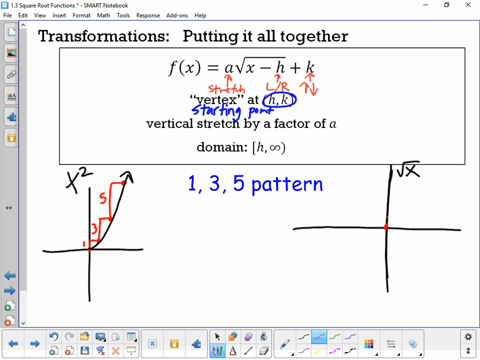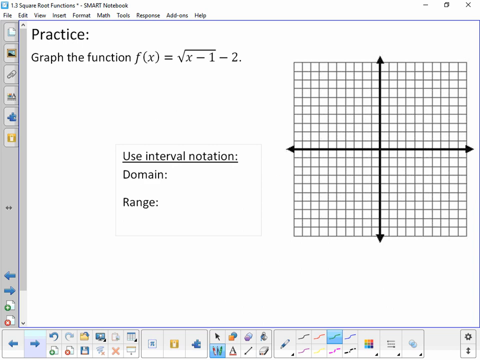So we go up 1 over 1, up 1 over 3, and up 1 over 5. And you can see that when you do that pattern, it creates this sideways parabola that is a square root function. So it's a 1, 3, 5 sideways pattern. We'll use that pattern instead of a table of values because it makes our graphs quicker and usually more accurate.